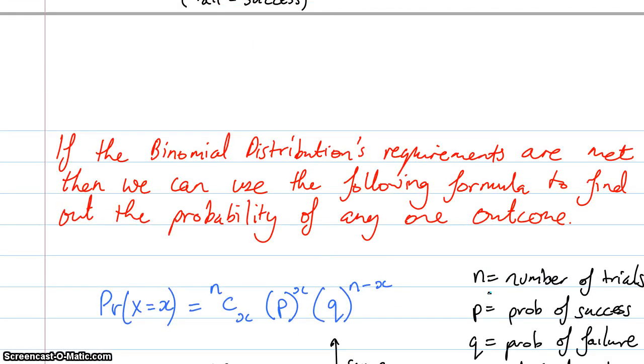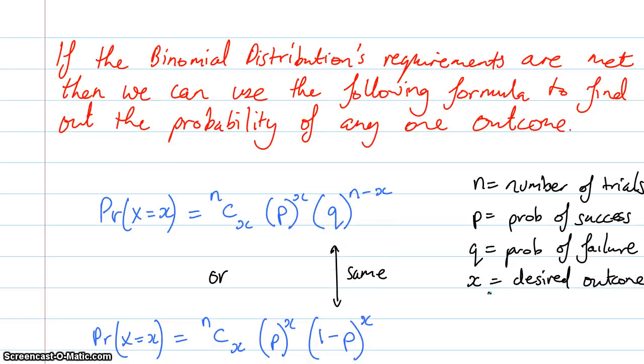So the probability that x equals a particular outcome, say x equals 3, and I'll go through all of these variables: n, p, q, and x. n is the number of trials, so in my case it's 10. Then x is the number of the desired outcome, so in my case it's x equals 3.